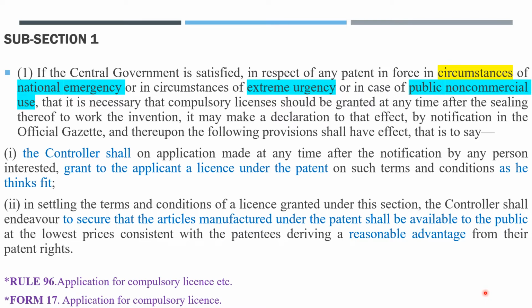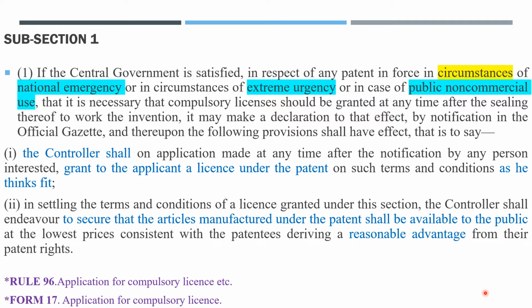Under circumstances of national emergency, etc., that means it can include extreme urgency, public non-commercial use, etc. If the central government is satisfied that it is necessary to grant a compulsory license in respect of a patent in force, it shall give a notification in the official gazette. This is the simple meaning of the first part.